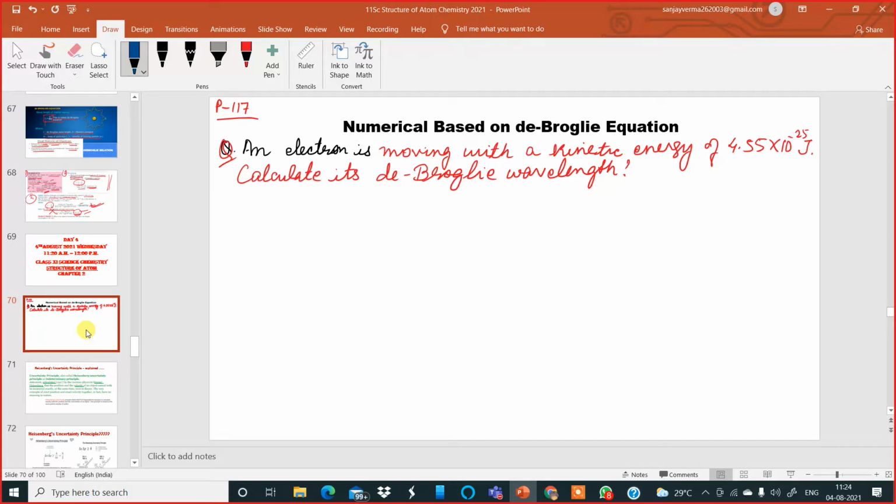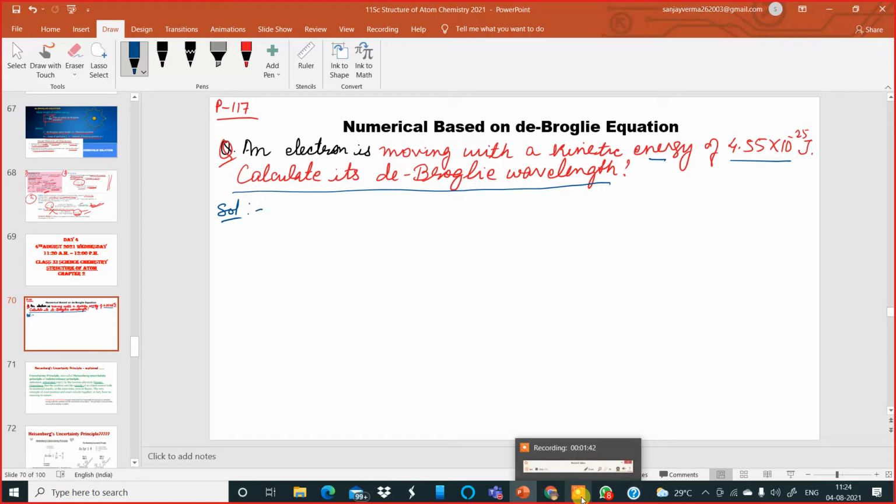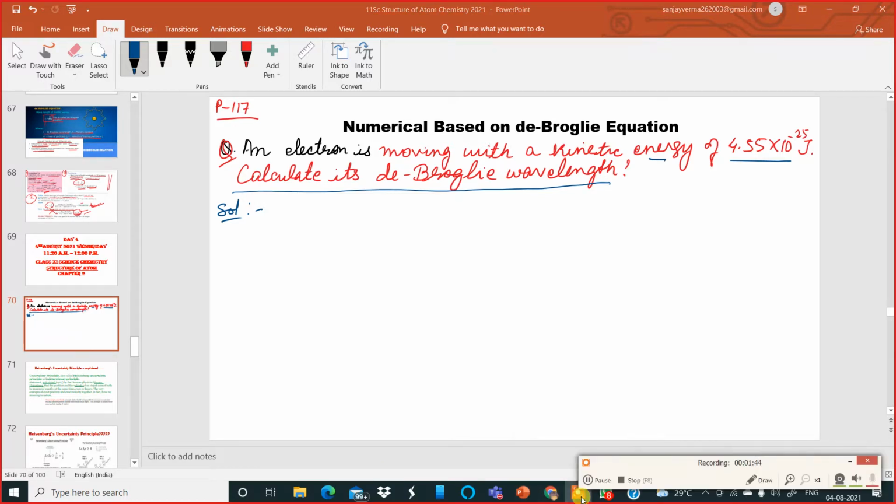The question: An electron is moving with a kinetic energy of 4.55 into 10 to the power of minus 25 joules. Calculate its de Broglie wavelength. Have you finished copying the question, my dear boys? No, sir, not yet.